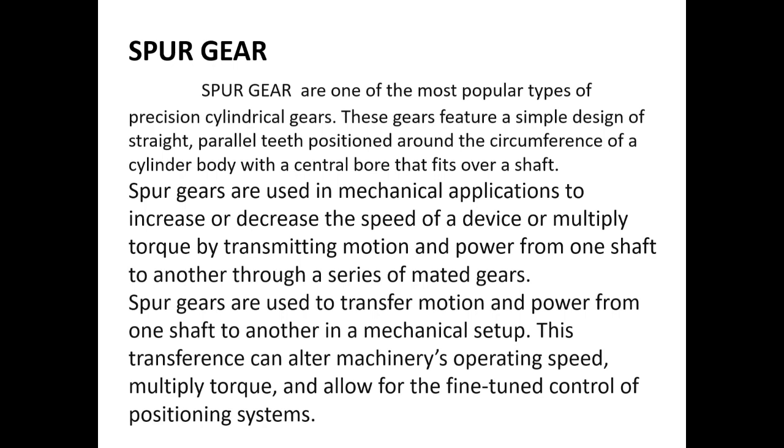Spur gears are used in mechanical applications to increase or decrease the speed of a device or multiply torque by transmitting motion and power from one shaft to another through a series of mated gears. This transference can alter machinery operating speed, multiply torque, and allow for the fine-tuned control of positioning systems.